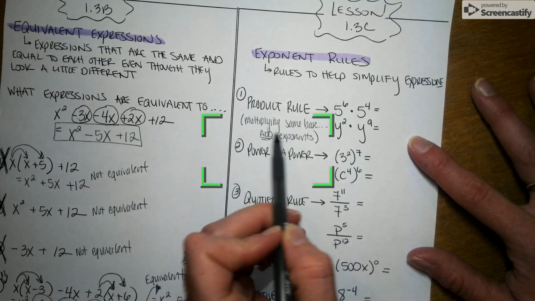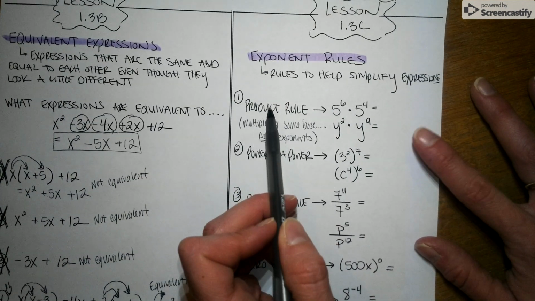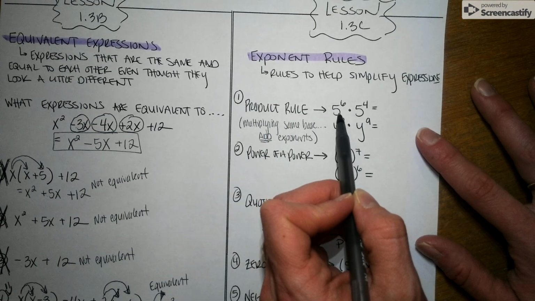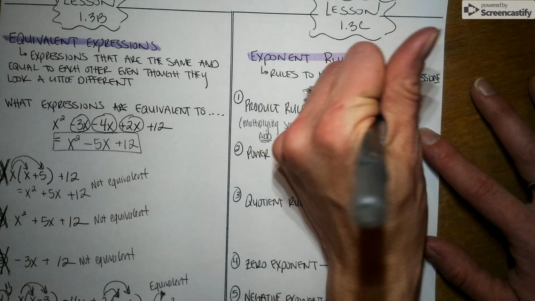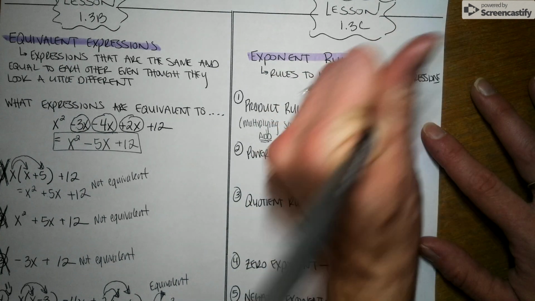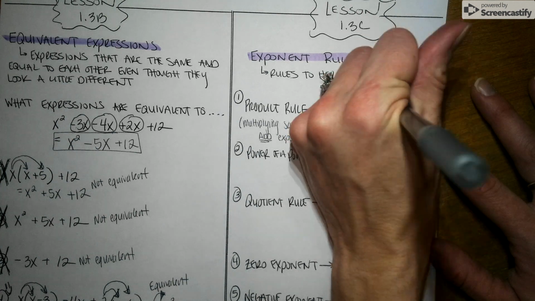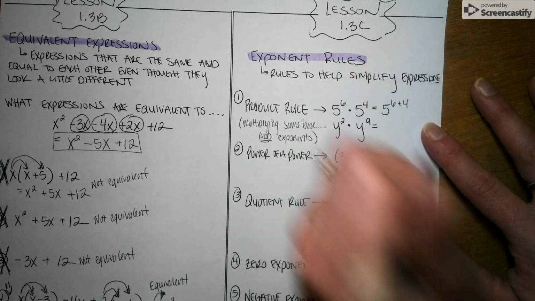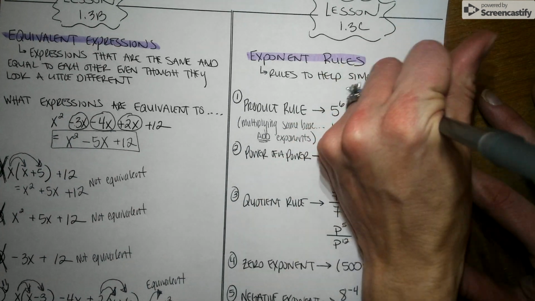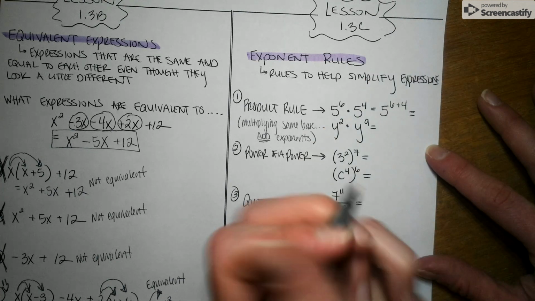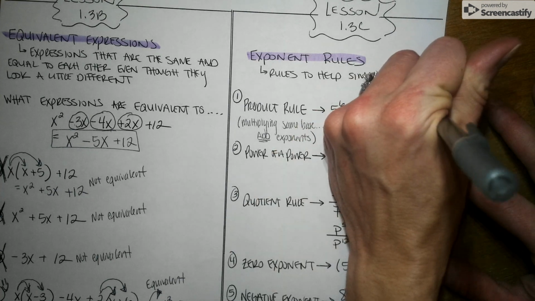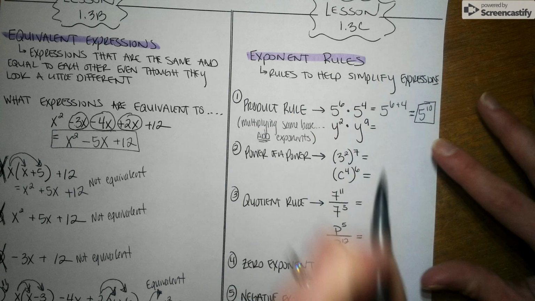So this is a nice little reminder about what you need to do with the product rule. Therefore, for 5^6 times 5^4, I'm going to keep my base of 5, but I'm going to simply add the exponents of 6 and 4 together. So 6 plus 4 is 10, therefore this expression simplifies to 5^10.